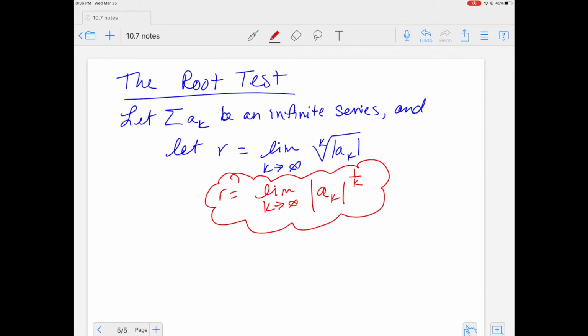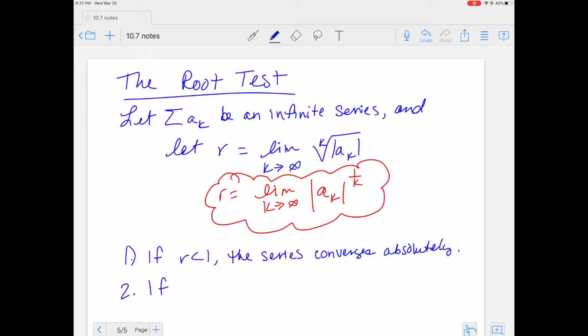All right, then the same criteria apply. If R is less than 1, the series converges absolutely. Two, if R is greater than 1, the series diverges.